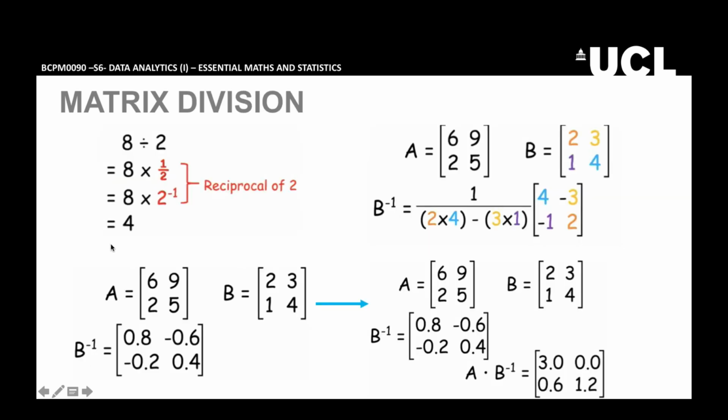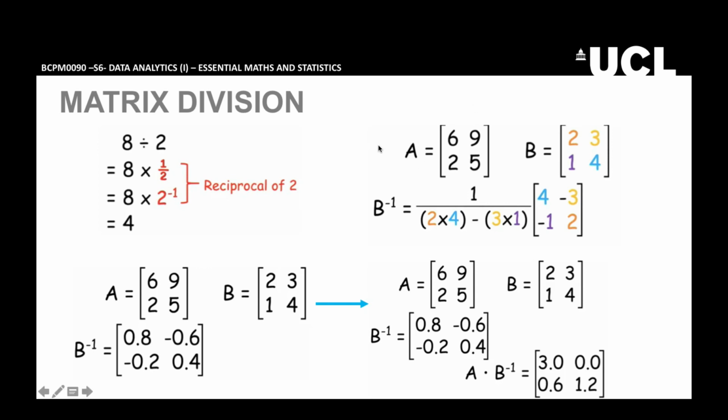We can also implement matrix division, and we will follow this rationale. To divide by a number is the same as to multiply by the inverse. So to do matrix division, we will follow this rationale.